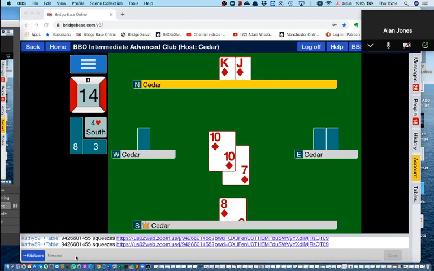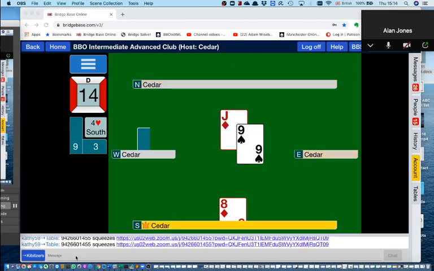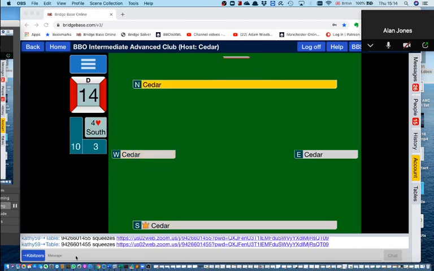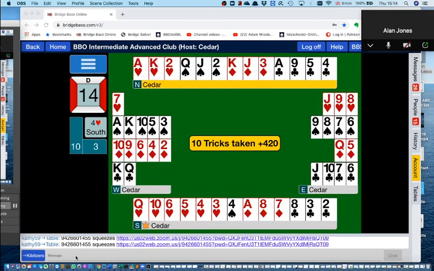So, therefore, the squeeze is not working and the finesse is not working, and my only chance is that West began with 5 diamonds and the queen is doubleton in the other hand, which it was, and so the show-up squeeze has produced an extra trick, although why we didn't play it in the more obvious way of using the queen and jack of spades, I have no idea.